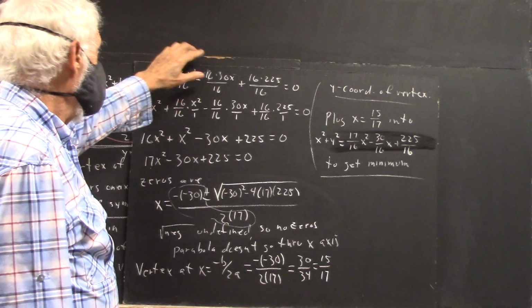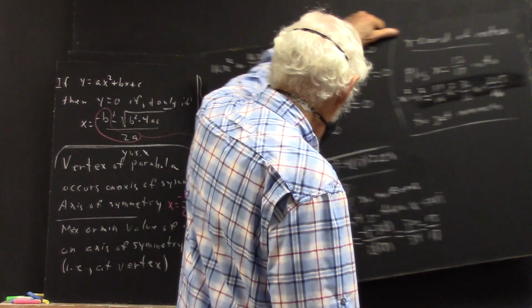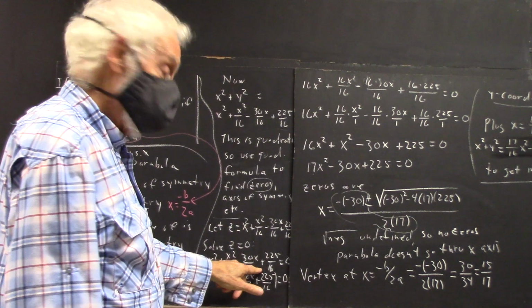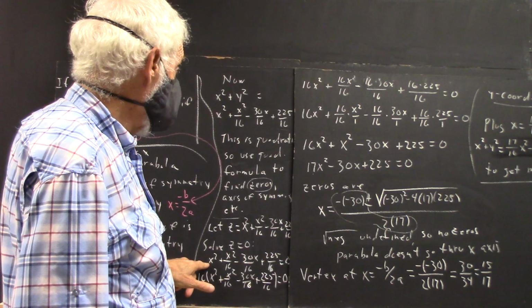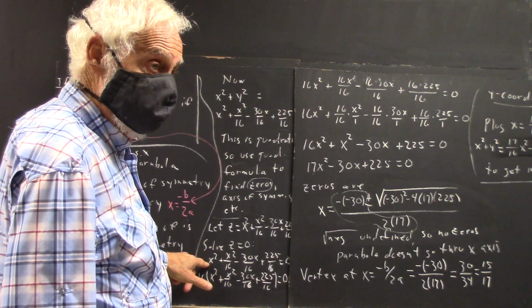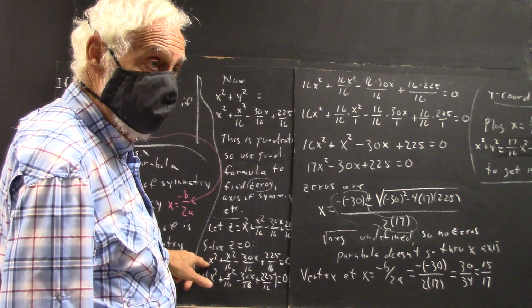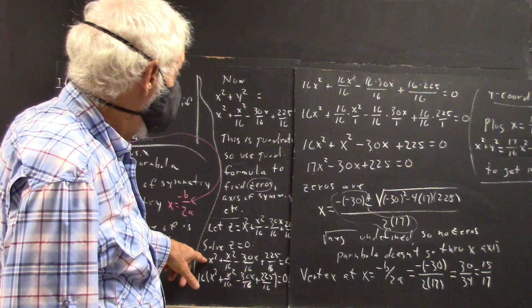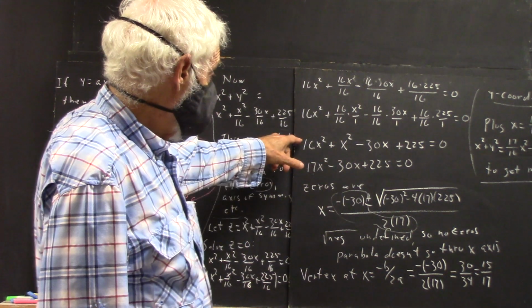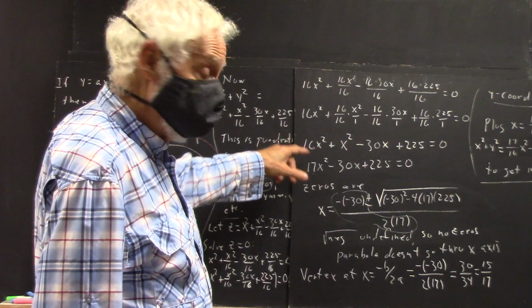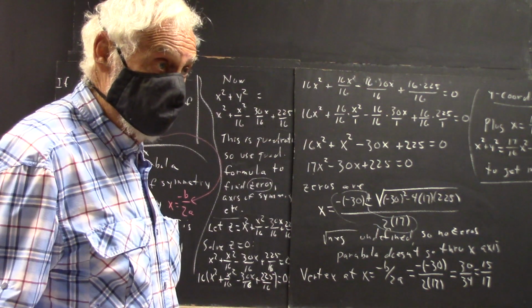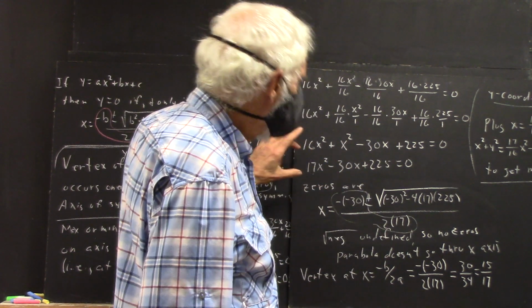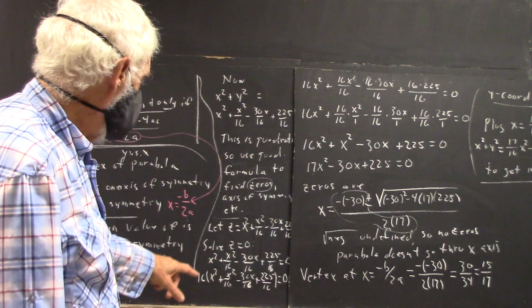We got this by solving this equation here. This is our x squared plus y squared function. Now, the vertex of this function is going to be the same as the vertex of this function. We have the same zeros, the same vertex and everything. But we don't plug this into the rearranged equation. We plug this into the original equation.